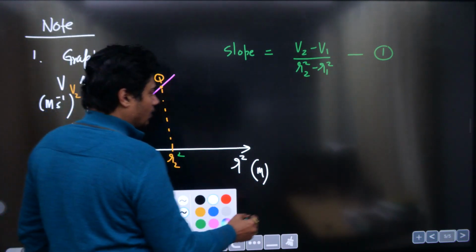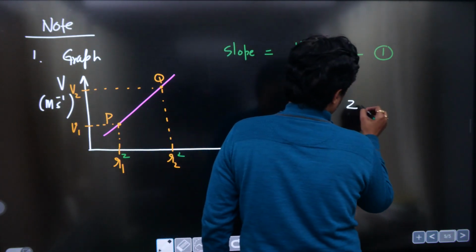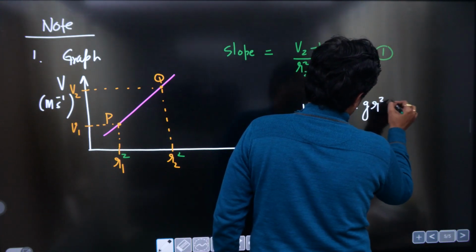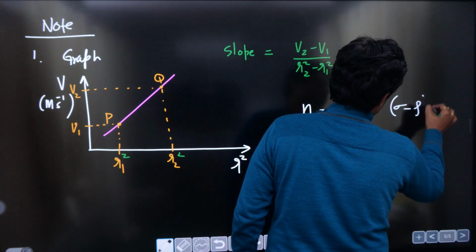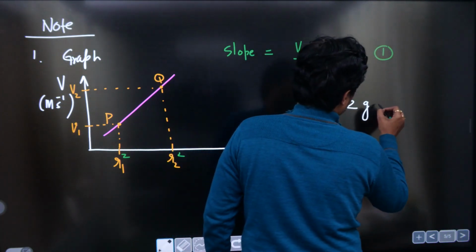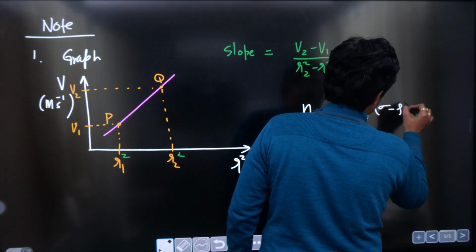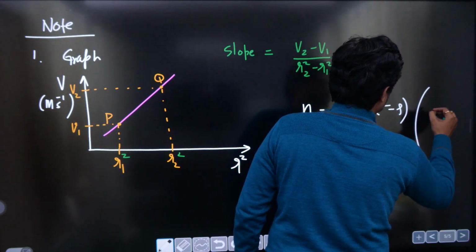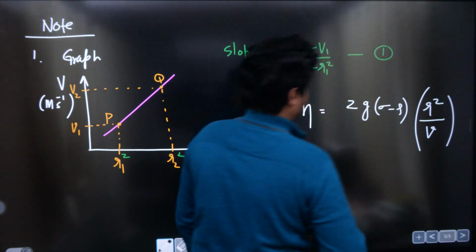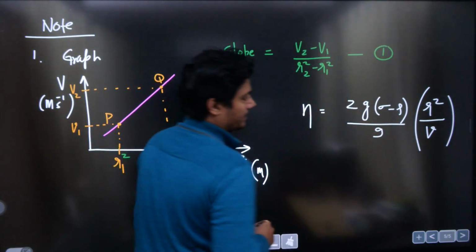Now if you can recall the formula, eta was 2g r square times sigma minus rho, or let me rewrite it in the form of 2g (sigma minus rho) into r square by v, by 9, right?